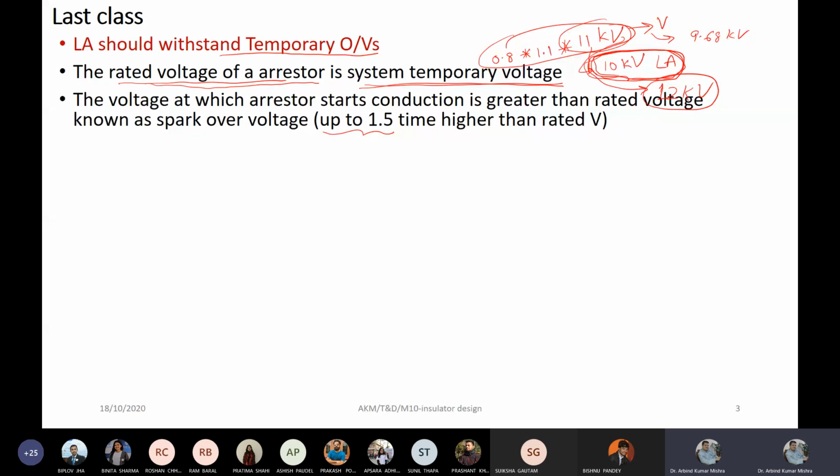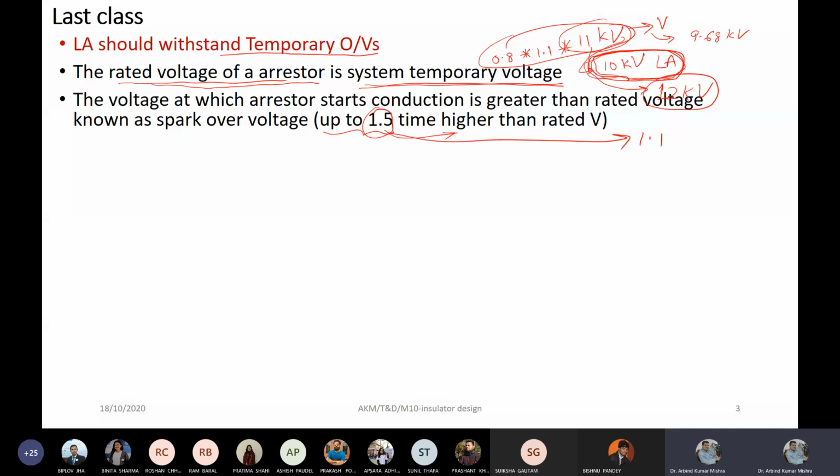Again, I mentioned in the last class also that this does not mean that it is always 1.5 times. The only difference is, if you make this ratio smaller, then the safety margin becomes less. And if you say 1.1, I choose.